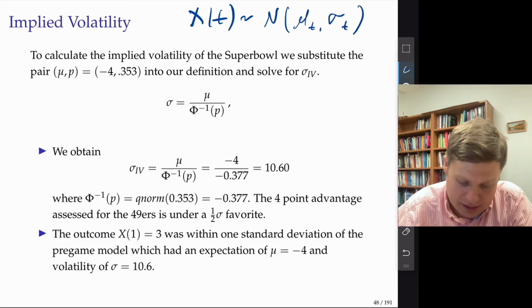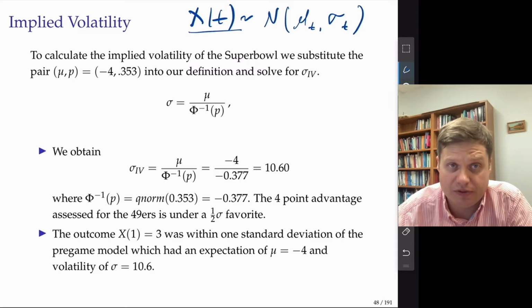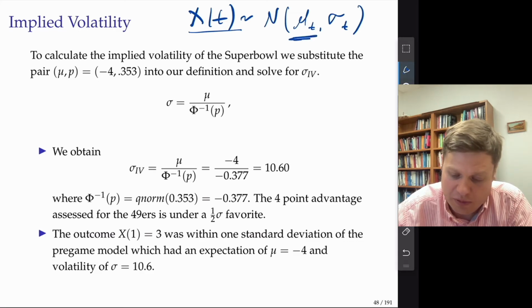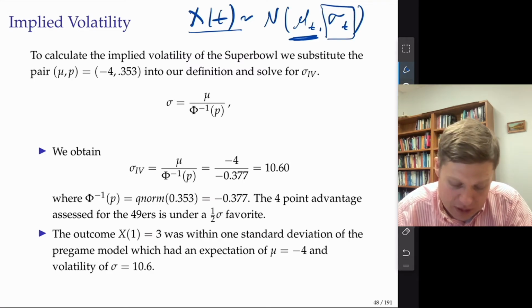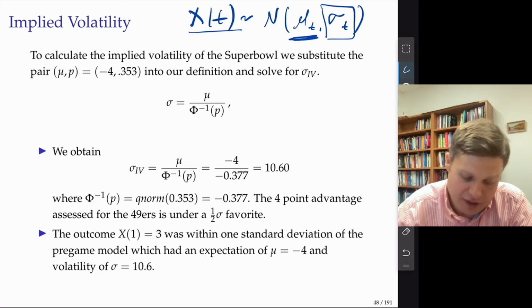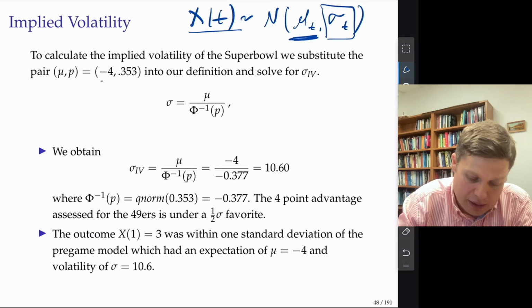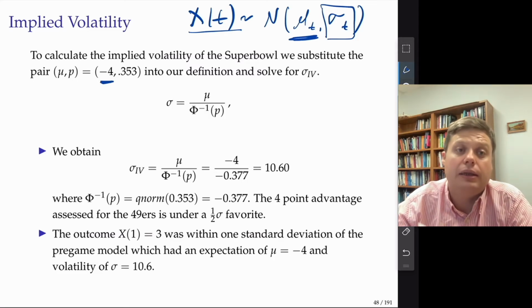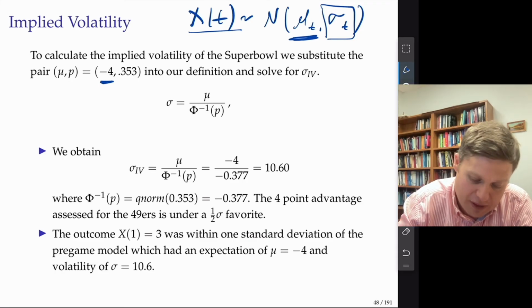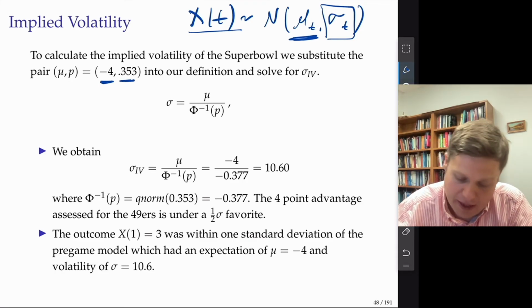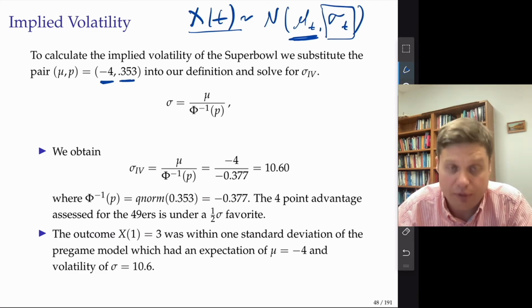And in this case now, we know both the probability of observing a certain value of x of t, and we know mu of t. Remember, we have our implied mean. And we can actually reverse engineer and calculate the variance parameter. We're going to start by looking at the beginning of the game when the expected lead was -4, so the Ravens were expected to lose by 4, and the expected probability of win was 35%, and the implied volatility is just mu divided by the inverse of the cumulative distribution function.